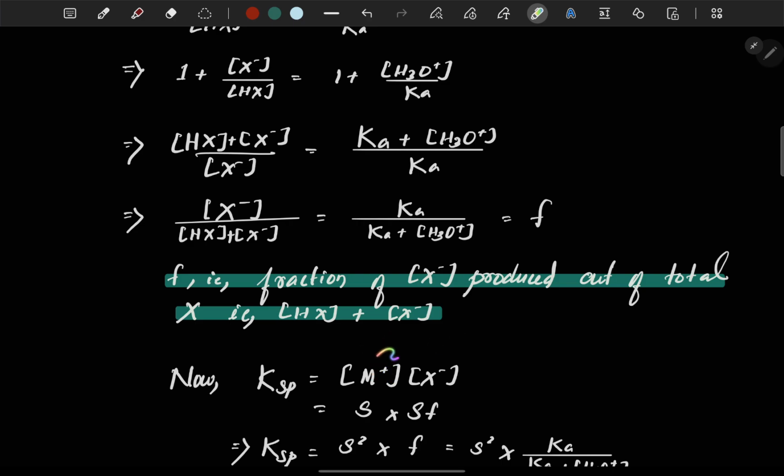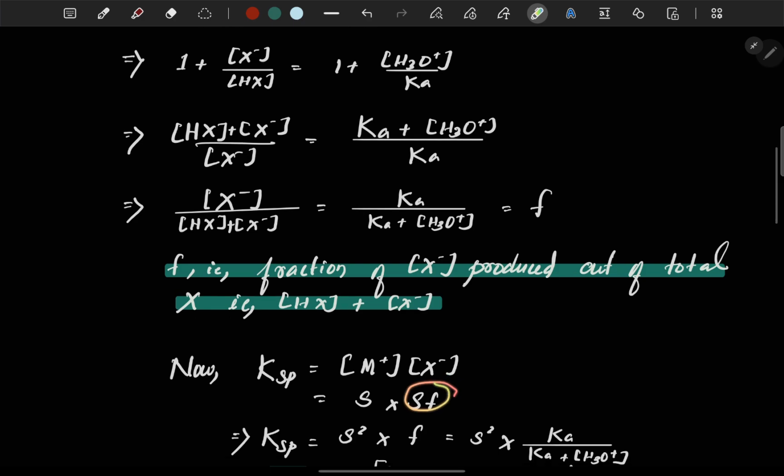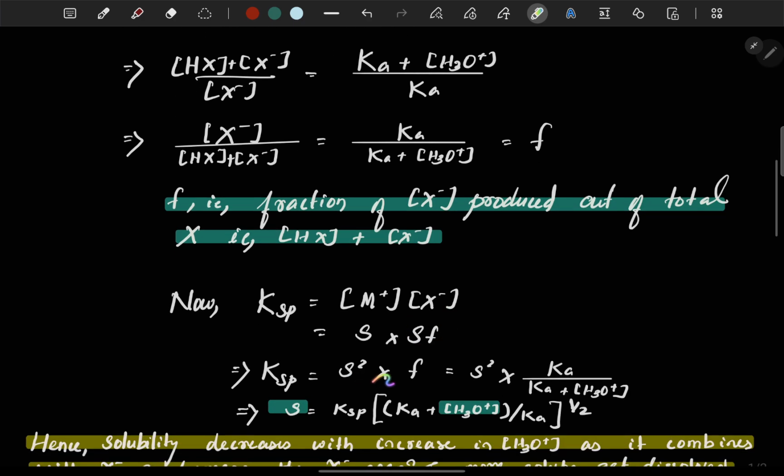If the concentration of M+ is S, the concentration of X− is equal to S into F, because out of this X−, some will remain as HX and some will remain as X−, so it will be SF. So again Ksp is equal to S square into F, or we can say S is equal to the square root of Ksp into (Ka plus H3O+ ion) divided by Ka.